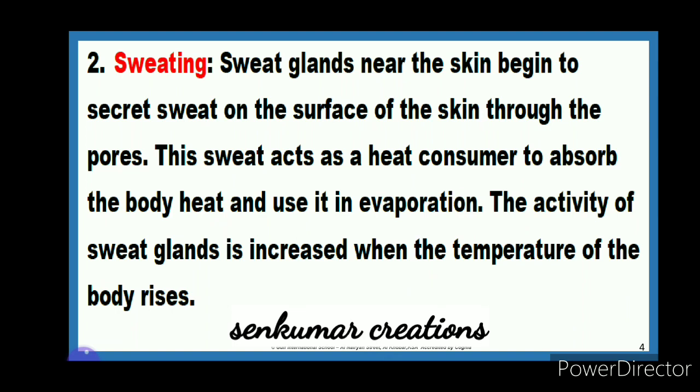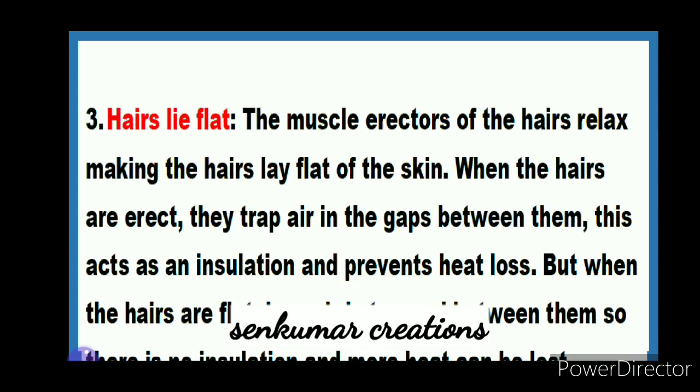The activity of the sweat glands increases when the temperature of the body rises. So this sweating is also secreted to maintain the constant body temperature. When the heat increases, the sweat comes and evaporates from the skin, so the body gets cooled down. So sweating is the second important process to cool down the body when the temperature increases in our body.